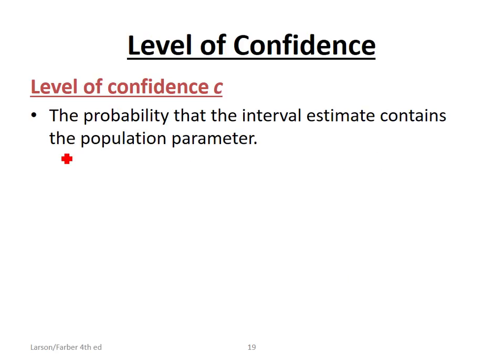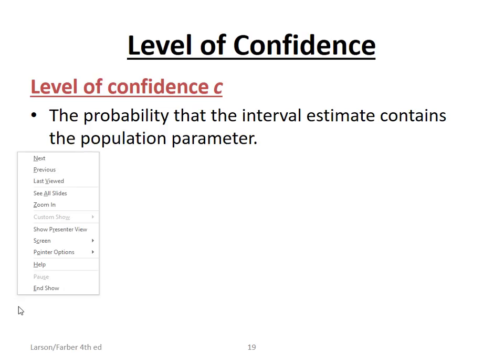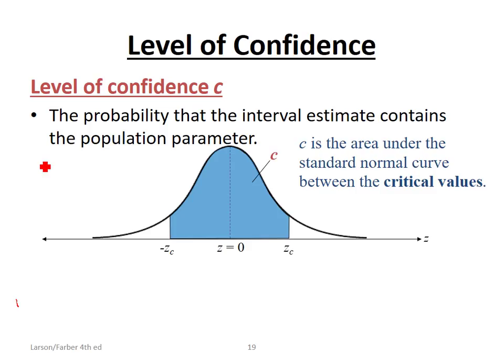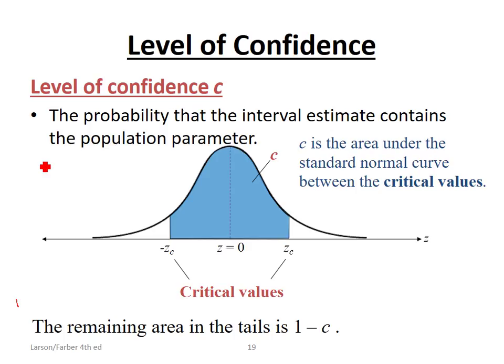Level of confidence, C: the probability that the interval estimate contains the population parameter. That's your level of confidence. Whatever our Z's are, we could be at 90%, 80%, 95%, 99%. We want 99% of the stuff.